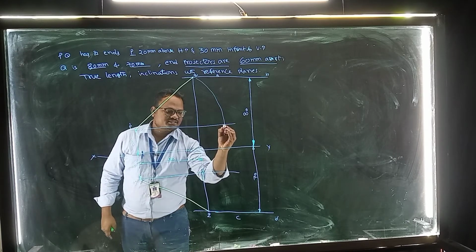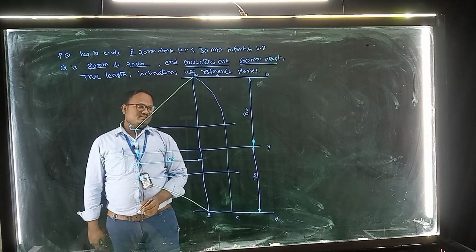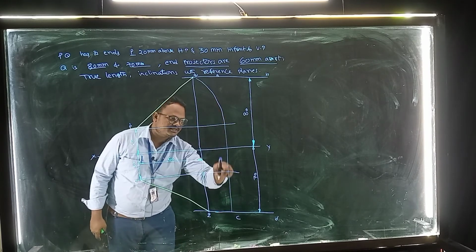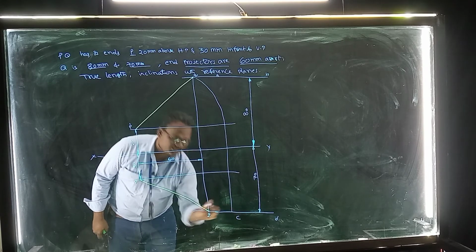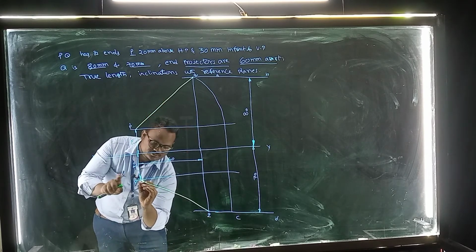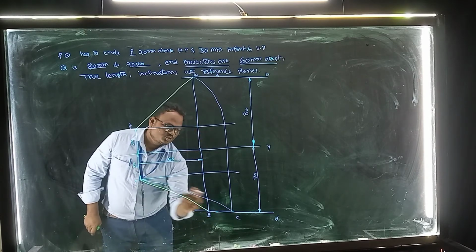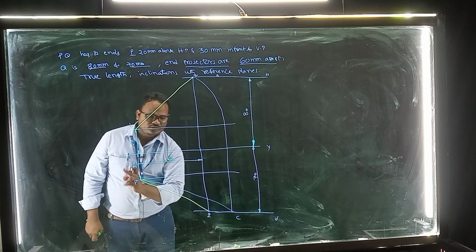Now from here project downwards up to the locus. So this extension line touches the locus somewhere. Okay, so if you join this end, you will get the true length. This is the required true length.